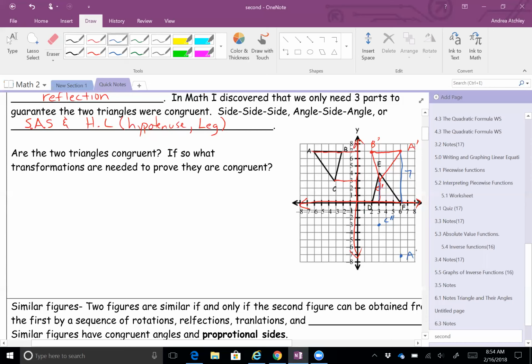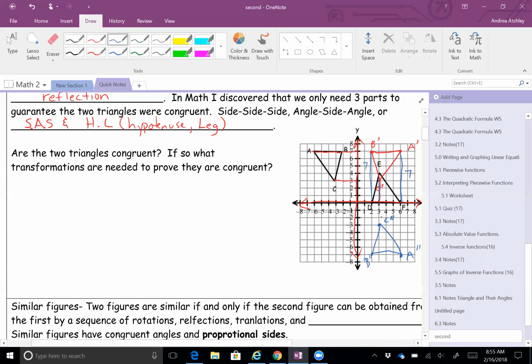And that would be our A double prime. And then here would be down 7 too, 1, 2, 3, 4, 5, 6, 7. And that would be B double prime.